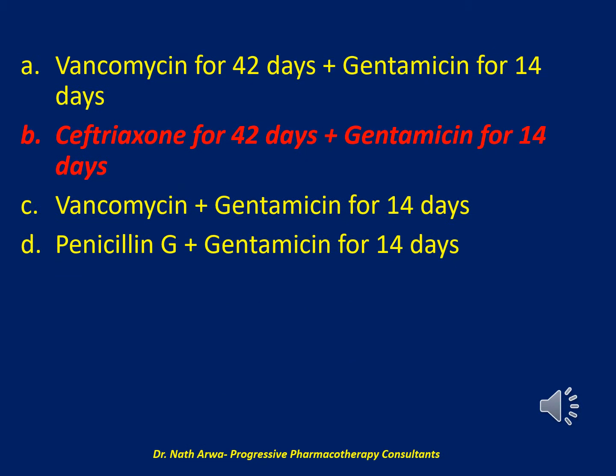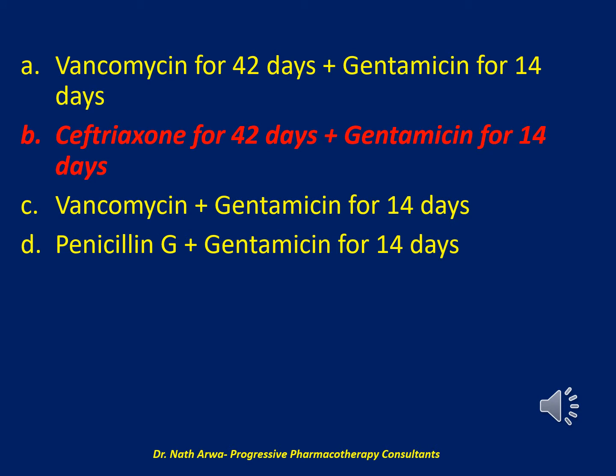And the correct answer is B. ceftriaxone for 42 days plus gentamicin for 14 days. Treatment selection for Streptococcus gallolyticus is partly based on the MIC of penicillin. Because the organism has a penicillin MIC less than 0.125 mcg per milliliter, it is considered highly penicillin susceptible.